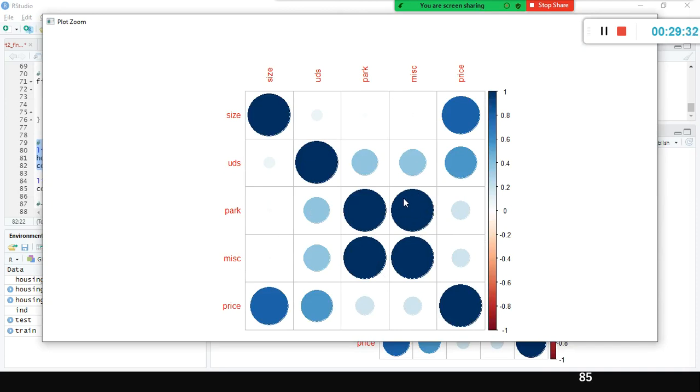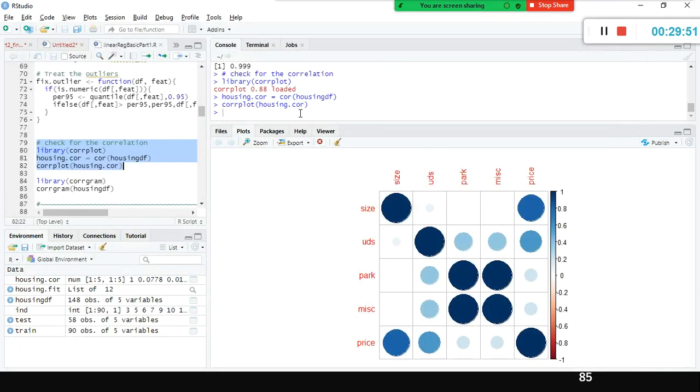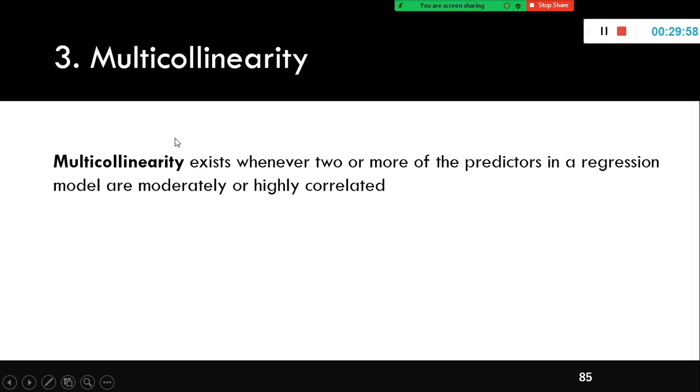This is dark blue, somewhere around 0.95. Highly correlated, so in that case it is a cause for concern. If it is mildly correlated, something like 0.4, you can ignore that and include it in your model. If it is highly correlated, then you need to remove one of the two variables, and you see which variable is highly correlated.